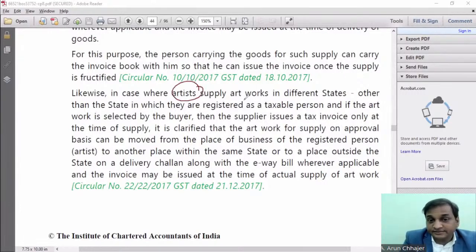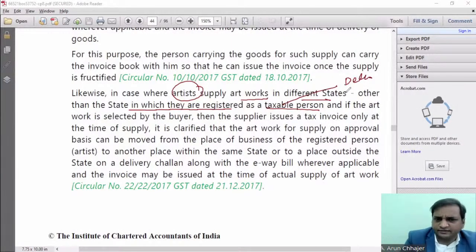Suppose an artist is supplying artwork in a different state other than the state in which they are registered as a taxable person. Suppose he is registered in Delhi and is making artwork in multiple states, Mumbai, Maharashtra, Rajasthan, Karnataka, and the artwork is selected by the buyer.